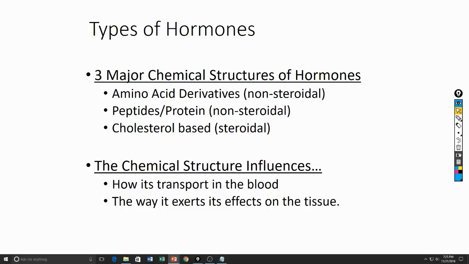And the other ones, the non-steroidal, are peptide, polypeptide, or protein, amino acid derived hormones. The chemical structure, the difference between a steroid and a non-steroidal hormone, has big implications for how they interact with cells and how they interact with the blood even.